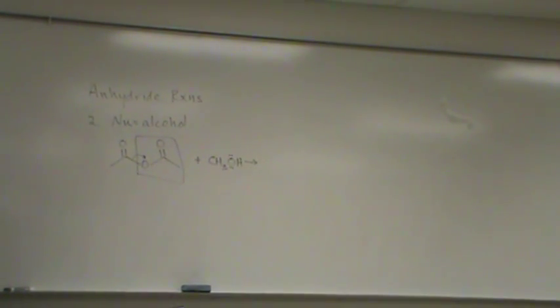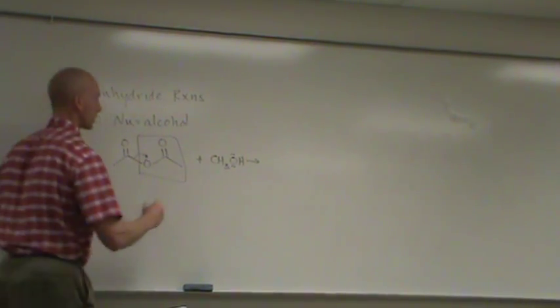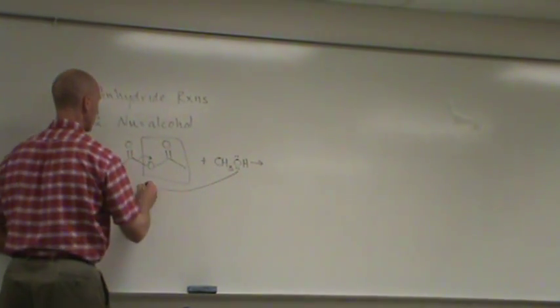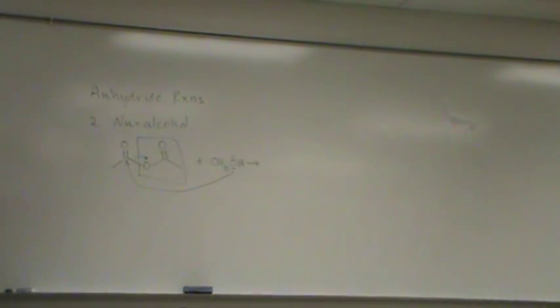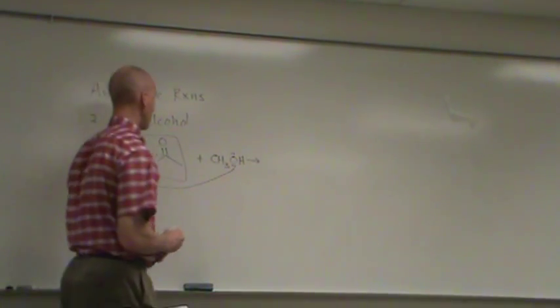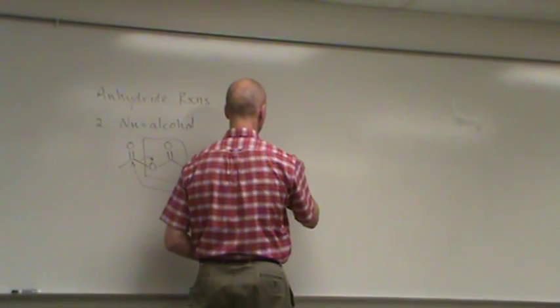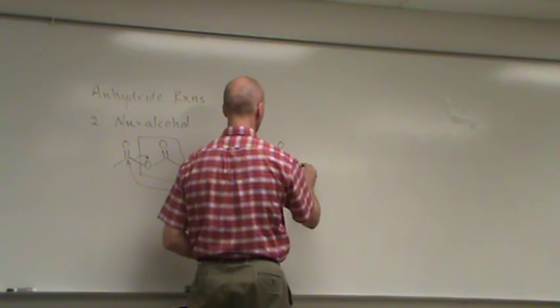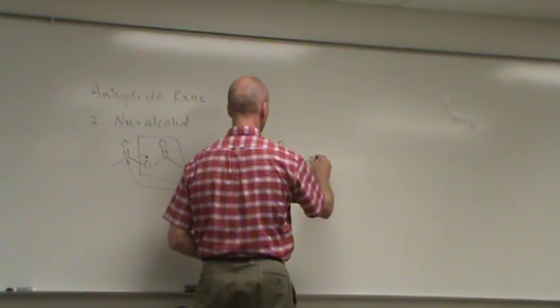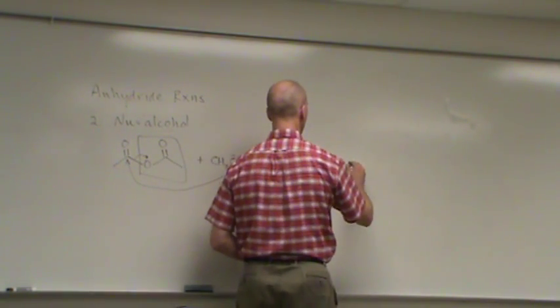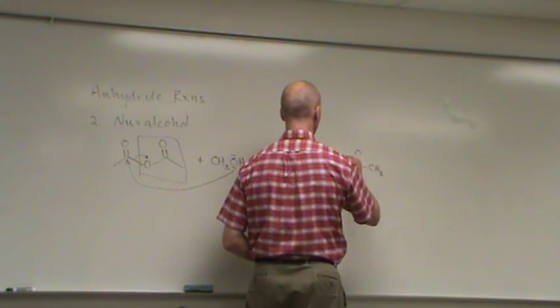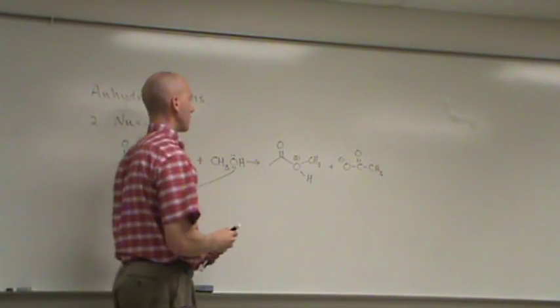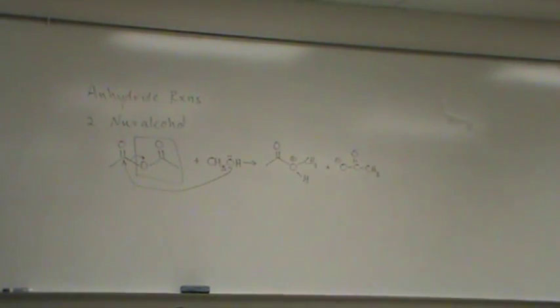So last time we had water, this time we have the alcohol coming in and kicking off that big leaving group. If we get that to happen, we get these things forming.